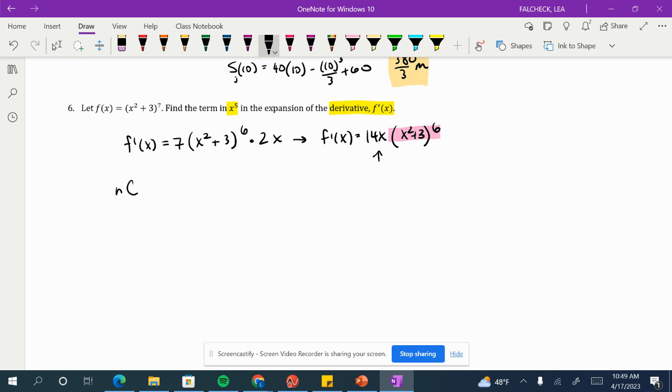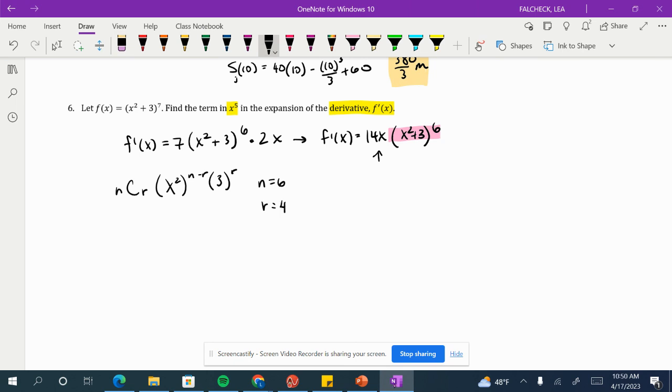We have our binomial expansion formula. We know n equals 6, and we want 14x times our answer to give x to the 5th. So we want an x to the 4th in our expansion, because it will be multiplied by the x from the 14x out front. So r is going to be 4.